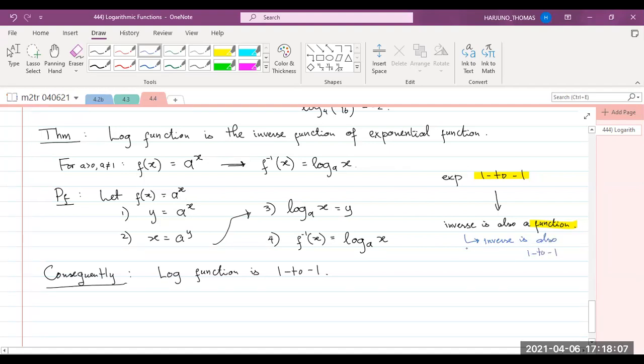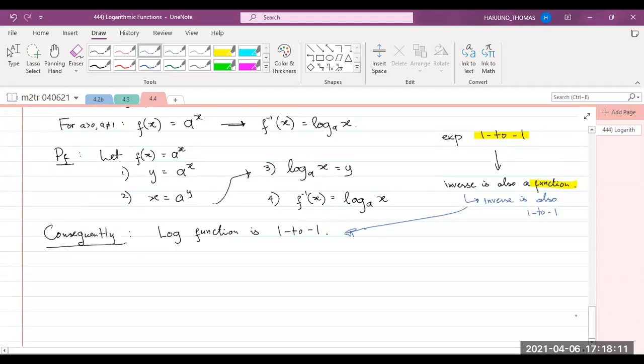That's what we use here. In other words, log base a of blah equals log base a of blah implies blah equals blah.